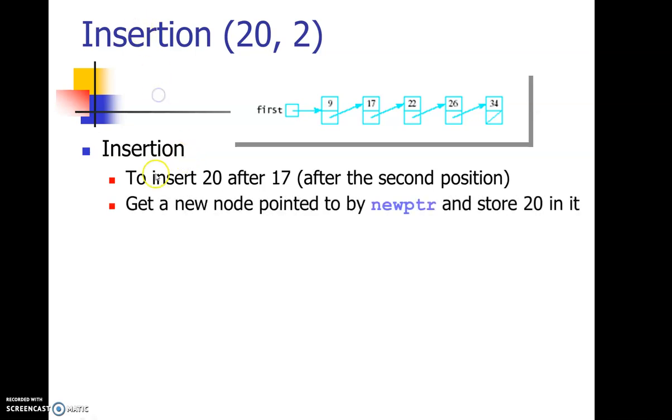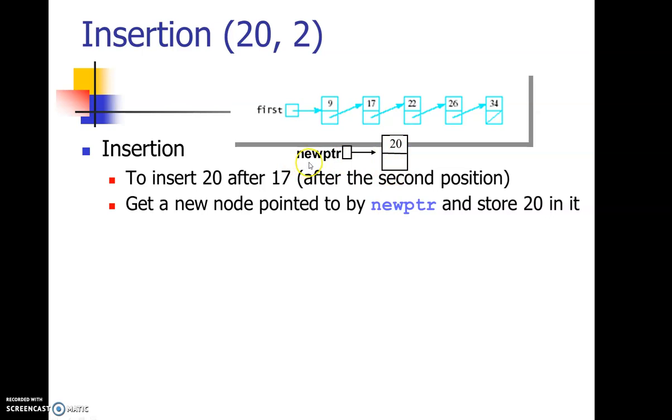To do this, first of all, we need to get a new space. So the operating system will need to reserve a new space for us, and then we will need to remember that address. So we need to create a pointer variable to store the address of this new item.